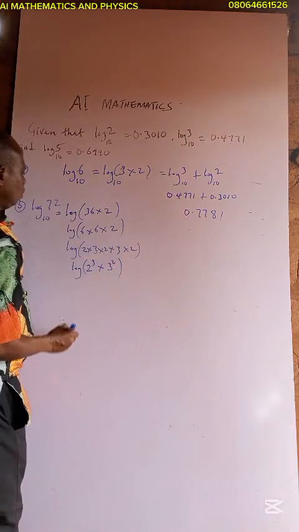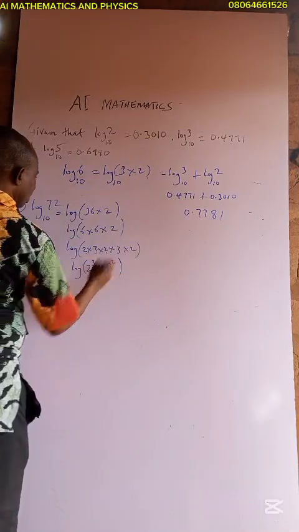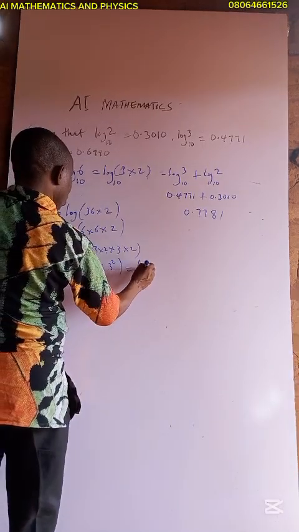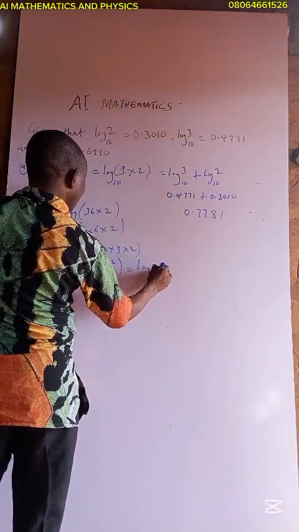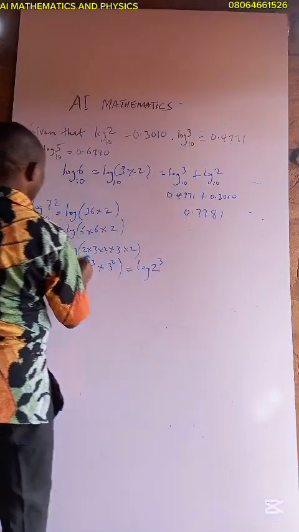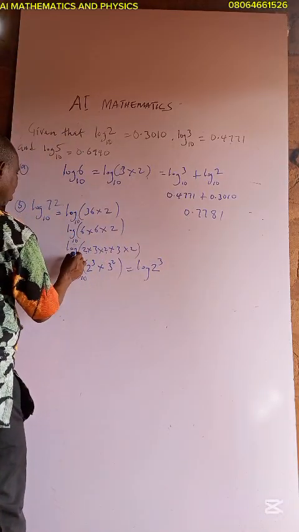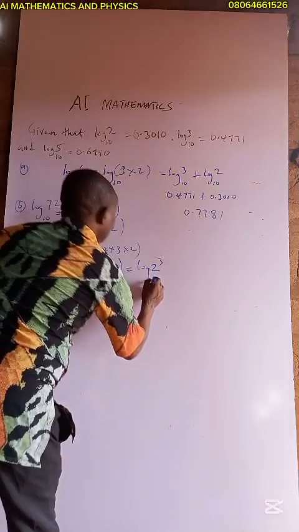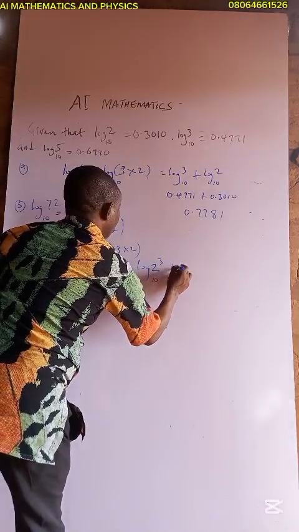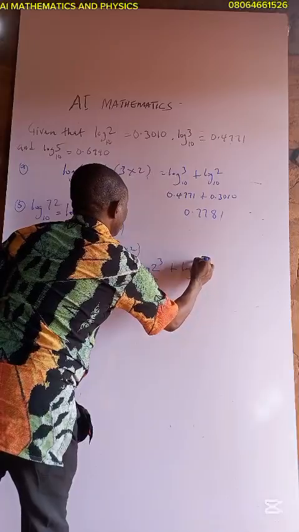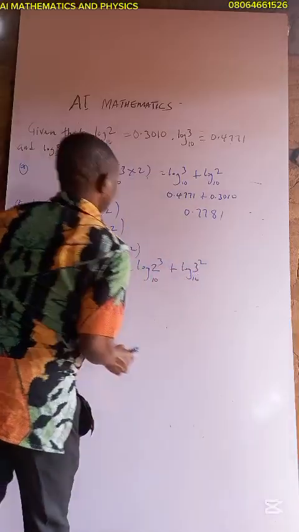Now, because of the times, it will be log 2 raised to power 3 base 10 plus log 3 raised to power 2 base 10.